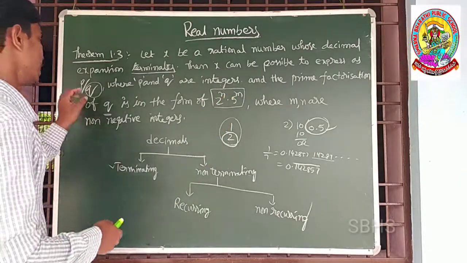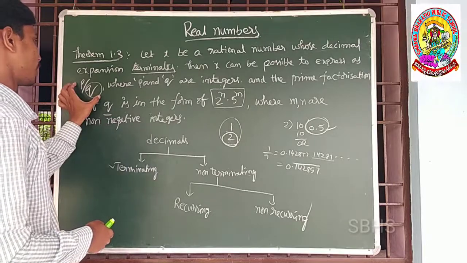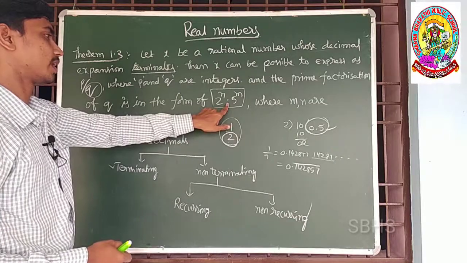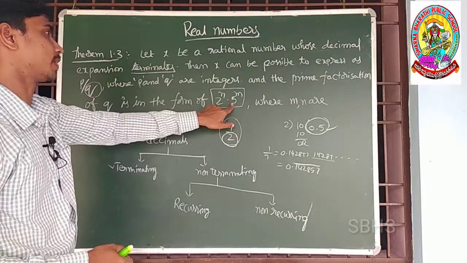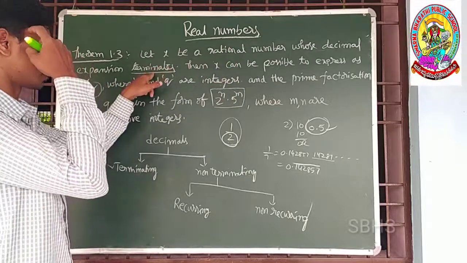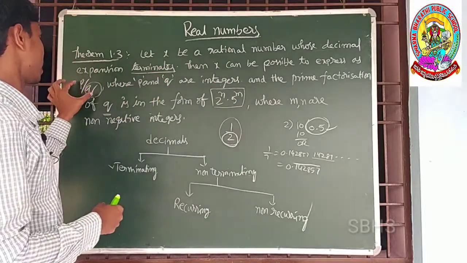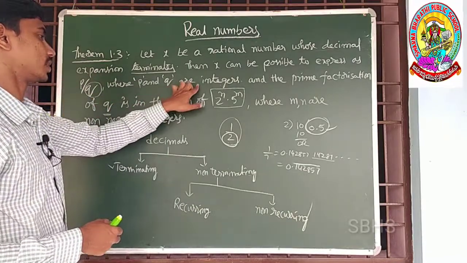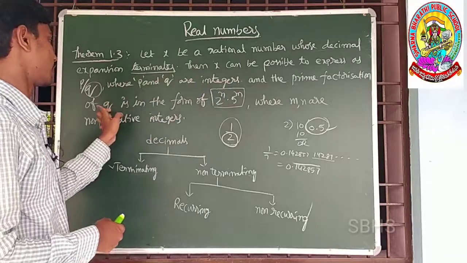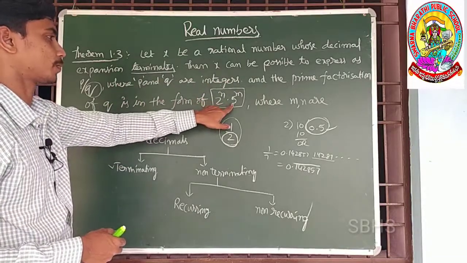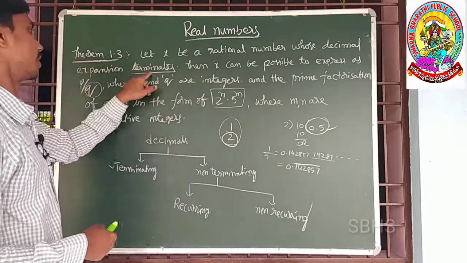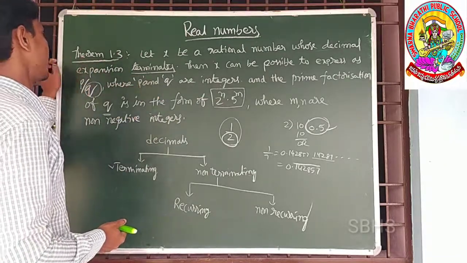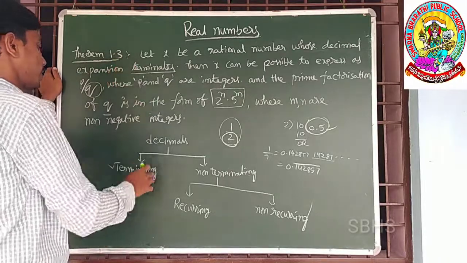Reversing it, I am saying, if any rational number in the form of p by q has a denominator in the form 2 power n and 5 power m, it is a terminating decimal. Next, if a rational number is in the form of p by q, where p and q are integers, and the denominator cannot be expressed in the form of 2 power n and 5 power m, that is a non-terminating decimal. You can see the definitions in theorems 1.4 and 1.5.